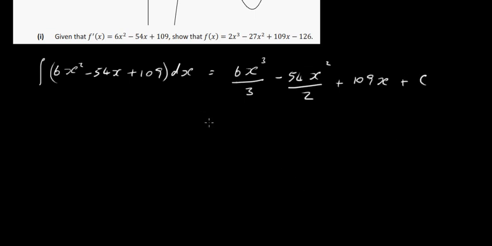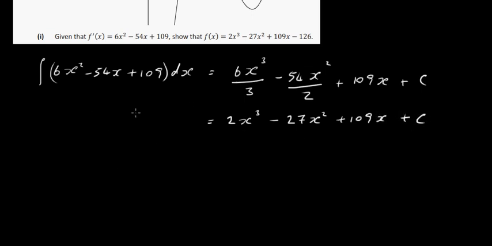If we tidy this up, 6 divided by 3 is 2x cubed minus, 54 divided by 2 is 27, x squared plus 109x plus c.